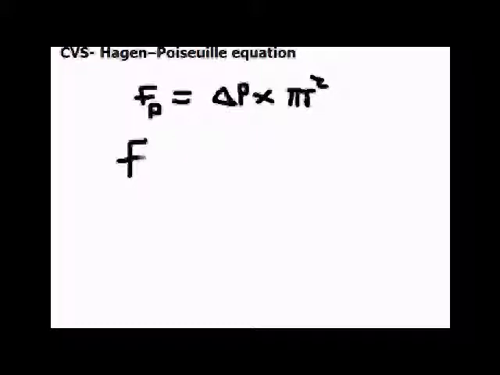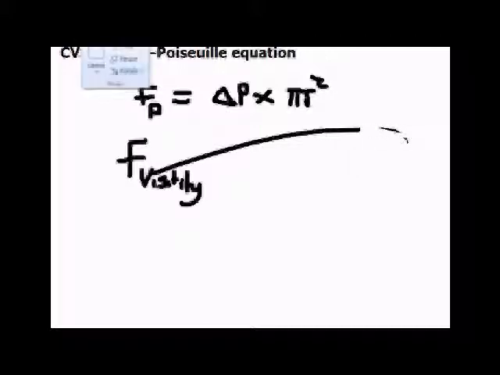So we're going to say that this is the force from the pressure, but then we're also going to say that there is a secondary force, from the viscosity. Now, viscosity, at least in this instance, is the interaction between the planes of fluid.